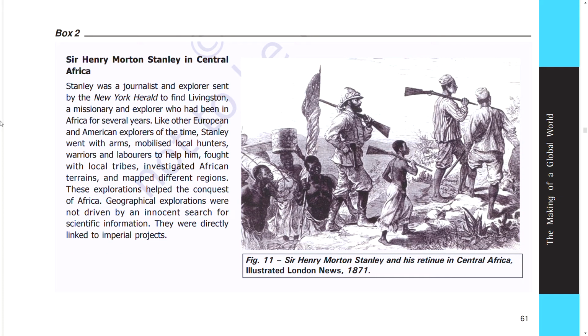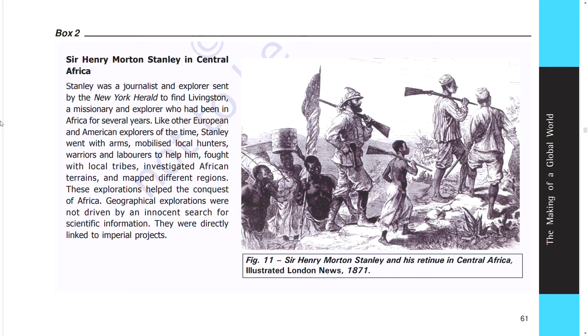Box 2. Sir Henry Morton Stanley in Central Africa. Stanley was a journalist, an explorer sent by the New York Herald to find Livingstone, a missionary and explorer who had been in Africa for several years, like other European and American explorers of the time. Stanley went with arms, mobilized local hunters, warriors, and laborers to help him, fought with local tribes, investigated African trades, and mapped different regions.